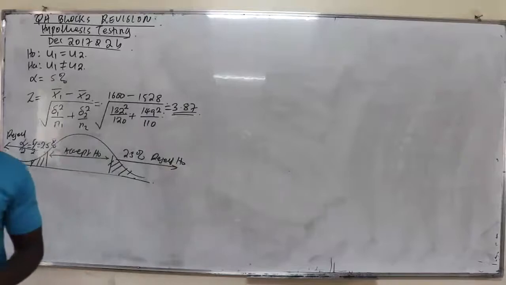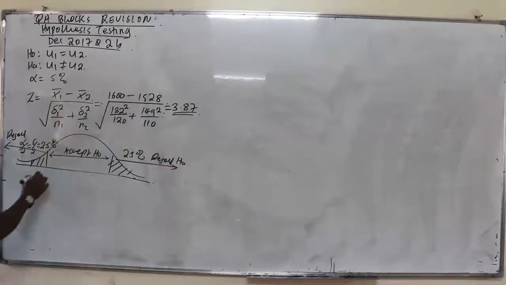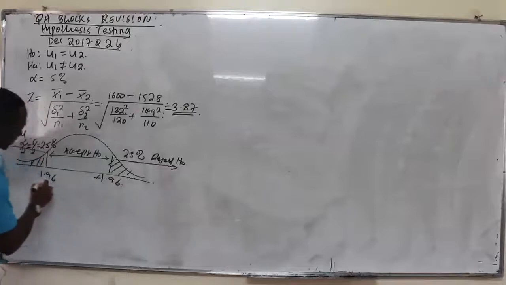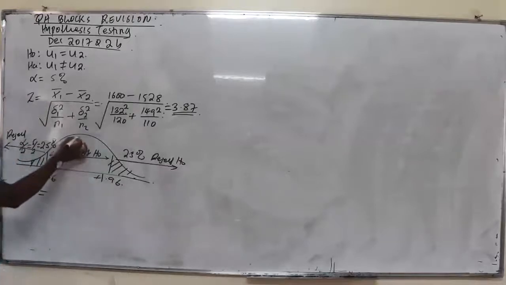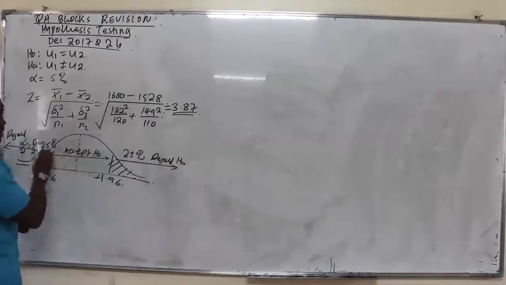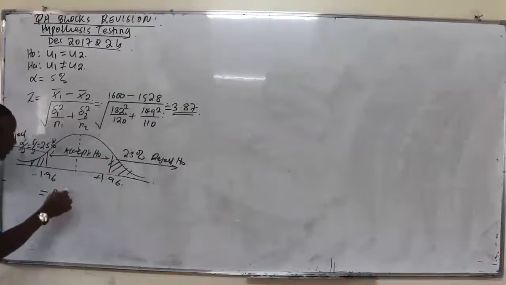So let's get that. Using the Z statistics, 5%, is it 1.96? Yes, it's 1.96, positive and negative. Or if I take you back to the normal distribution, it is divided into two halves, so just take 0.5.